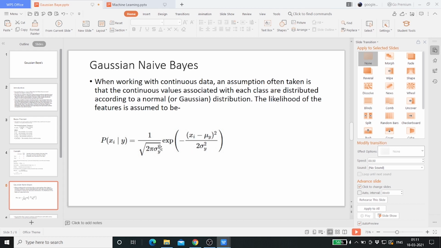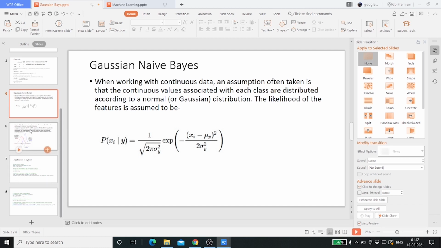Okay, let me repeat the formula in case of any confusion: 1 by root of 2 pi into standard deviation of the feature squared into e power minus z score squared by 2. I will explain what z score is as we come to it.